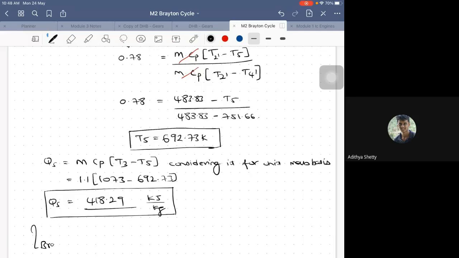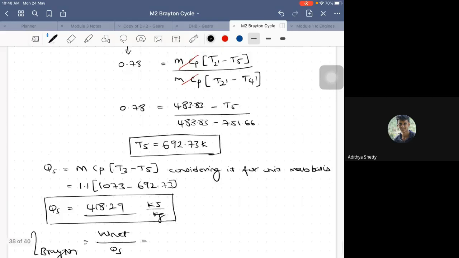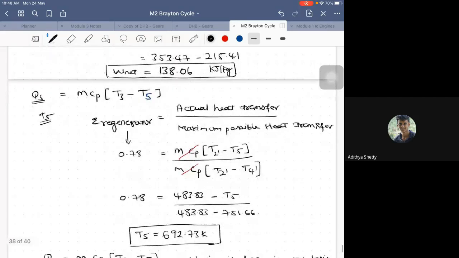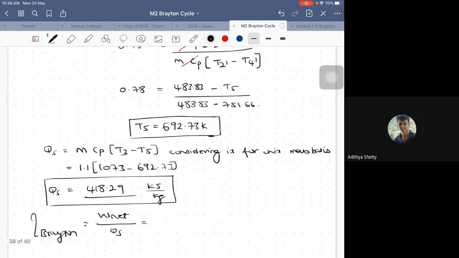Last, which was asked, is the efficiency of Brayton cycle, for which we have done so many calculations. It is just W net divided by QS. W net is 138.06.